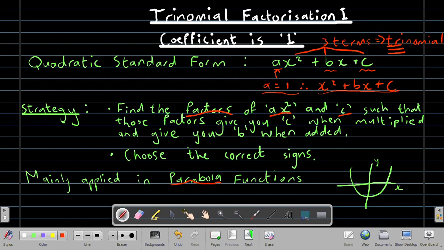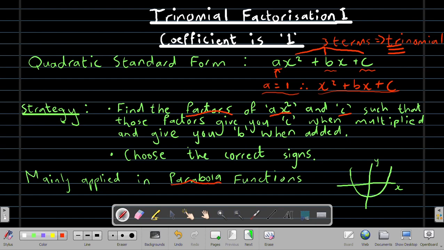So when b and c are either positive or negative, and just show how to deal with them. The method is always going to be the same. It's just that you want to get a jump on some of these things. You don't want it to sneak up on you. So it's better to just learn it now than try to freestyle it later on, which is possible, but let's go through it now.